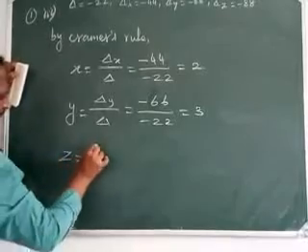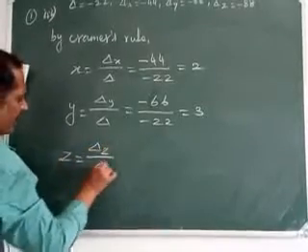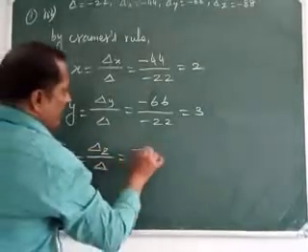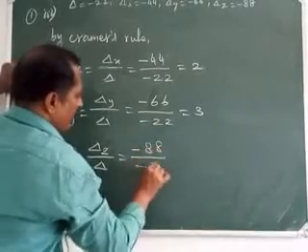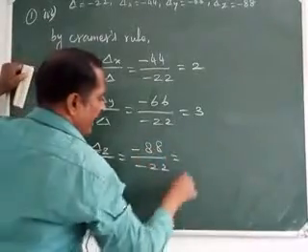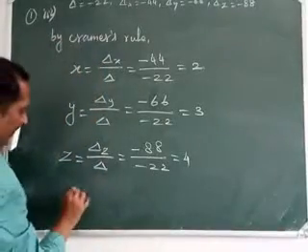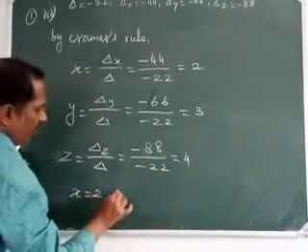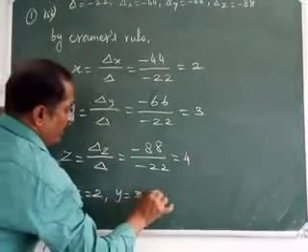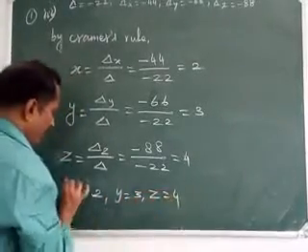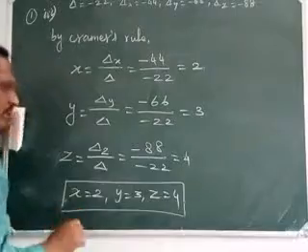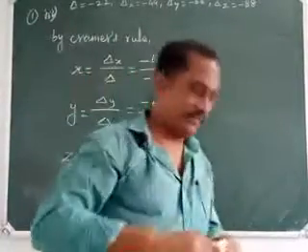And z is equal to delta z by delta, delta z value minus 88 divided by minus 22, minus signs cancel, so 4 22s are 88. So therefore x is equal to 2, y is equal to 3, z is equal to 4. These are the x, y, z values of the given problem.